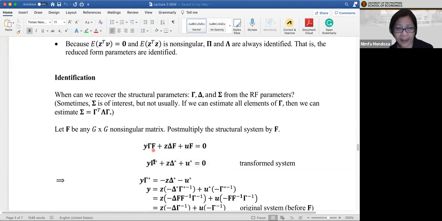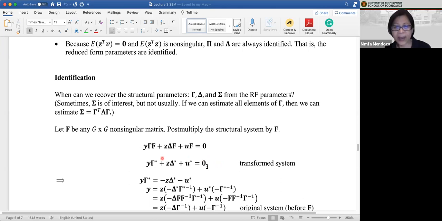And let us define gamma star as gamma F, lambda star as delta F, U star as UF. So this is the transformed system when we post-multiply the initial structural equation by F.